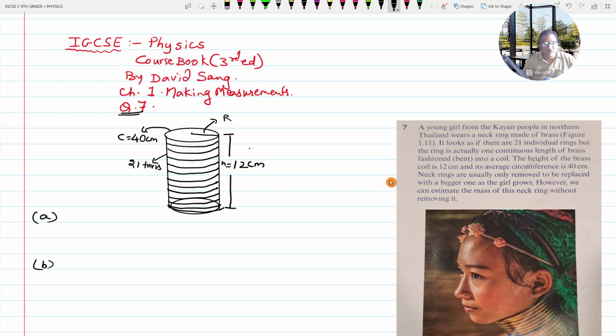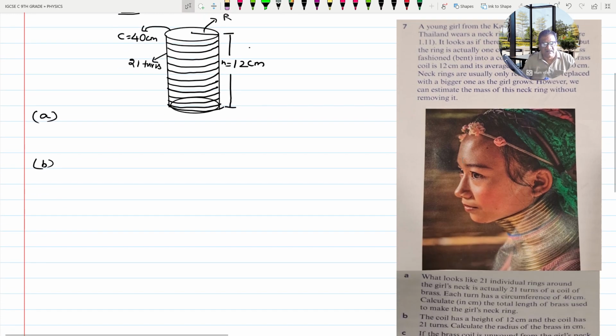Can you see the ornament on the neck of this girl? This is made of brass, and it's a single length of brass, a thin metal that has been converted into a spiral coil, which they wear on the neck.